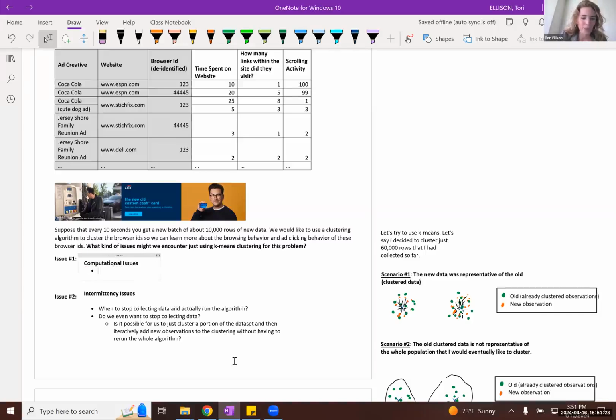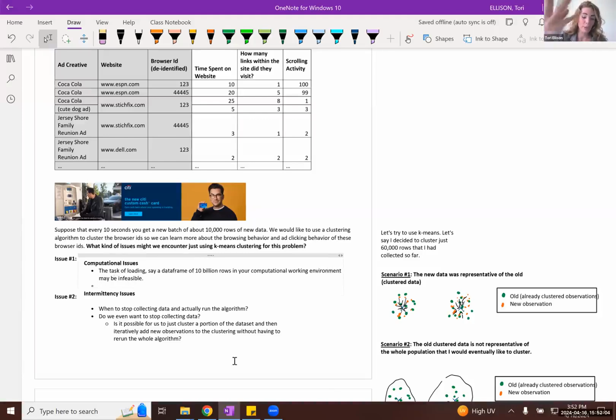So number one, I can tell you right now, if you try to load a data frame with 10 billion rows into your Jupyter Notebook environment, it's going to crash your kernel. So the task of loading a data frame of 10 billion rows into your computational working environment may be infeasible.